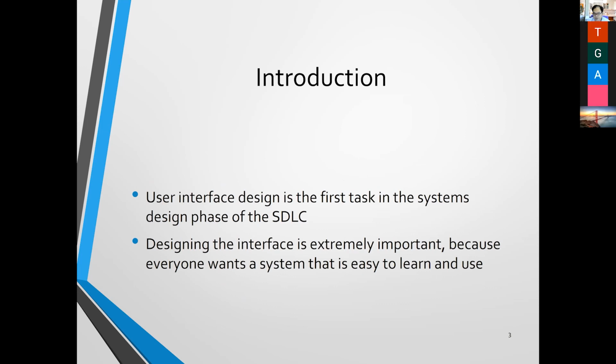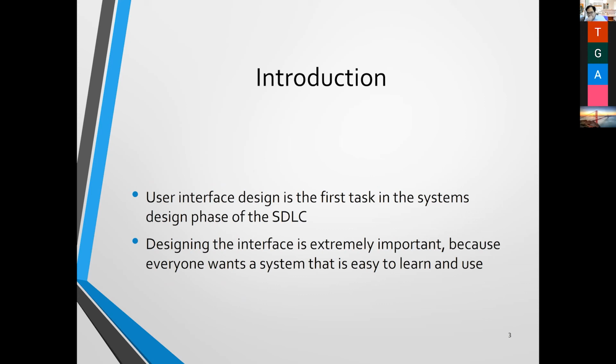In this part, user interface design is the first task in the system design phase in the system development life cycle. Designing the interface is really important because everyone wants a system that is easy to learn and use.